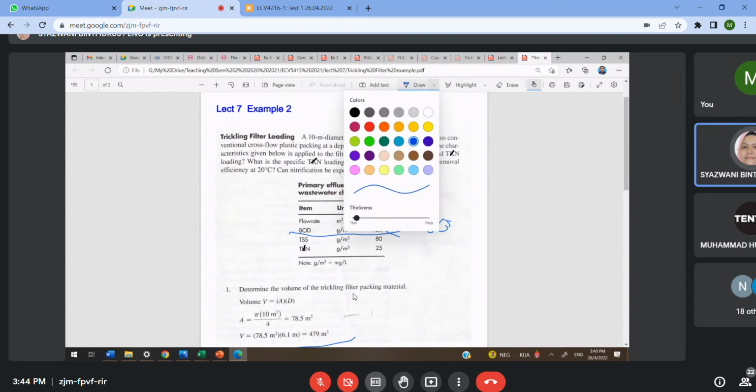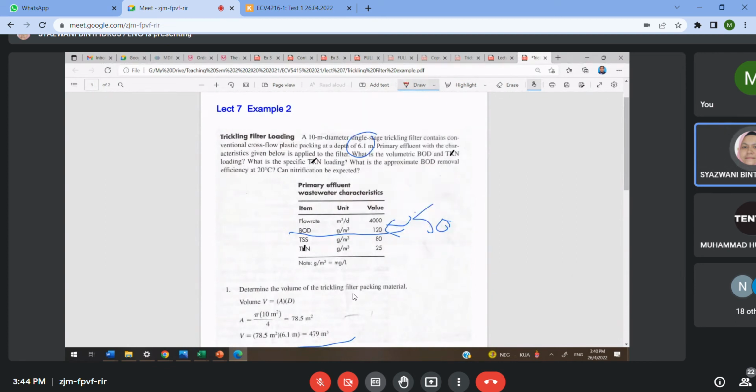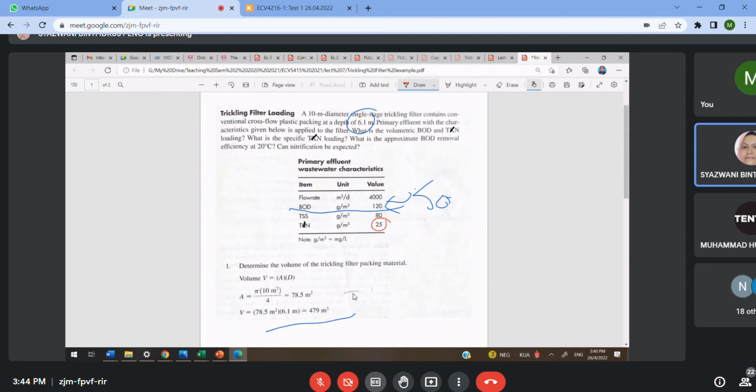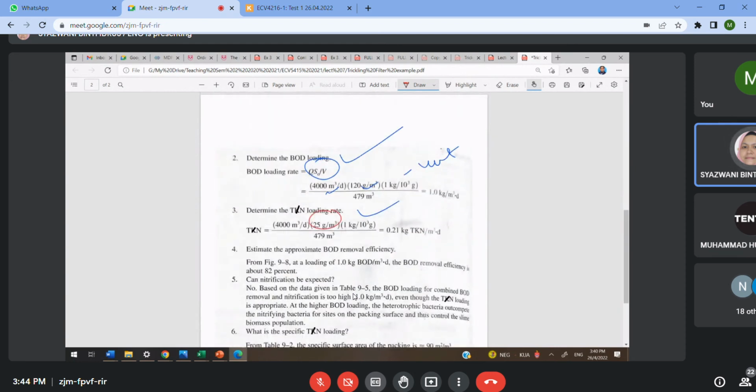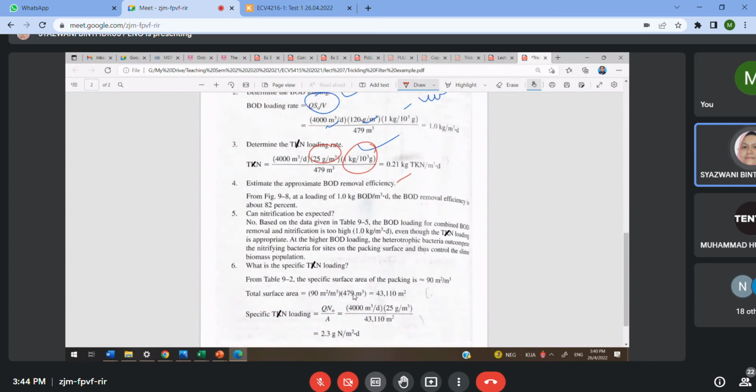Now, whenever you calculate for the nitrogen, you have to use 25. So here is 25, and this is the unit conversion. So you get 0.21.